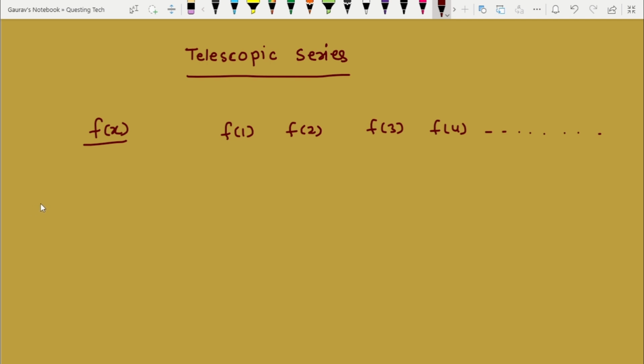So we are going to derive a sequence from this f of x, whose first term is f of 2 minus f of 1, second term is f of 3 minus f of 2, and third term is f of 4 minus f of 3. This is also a sequence.